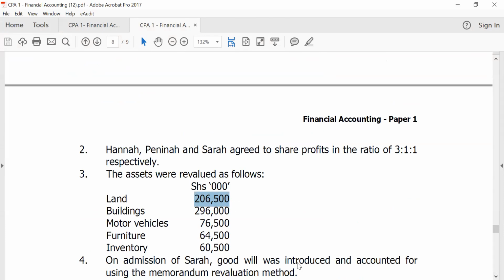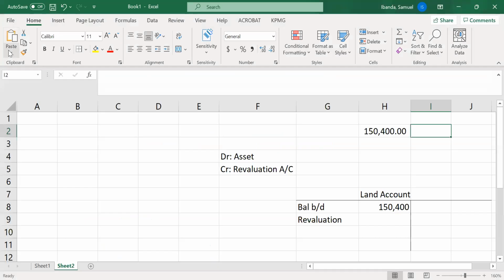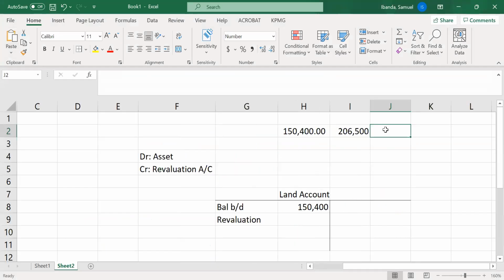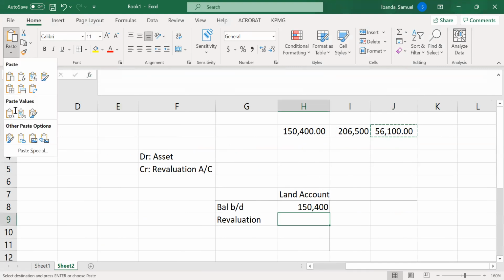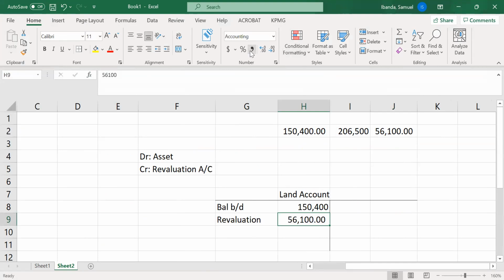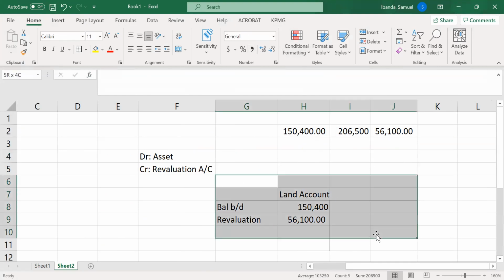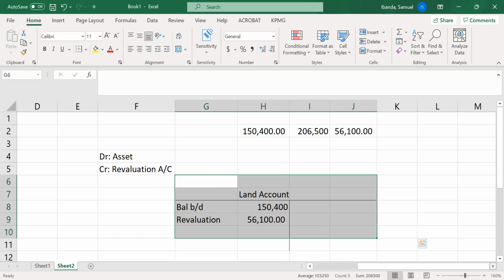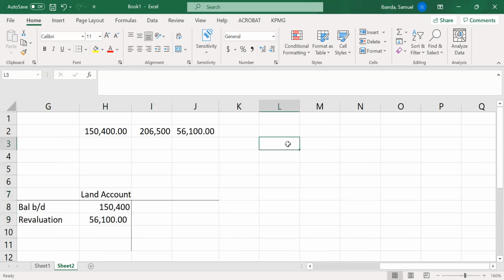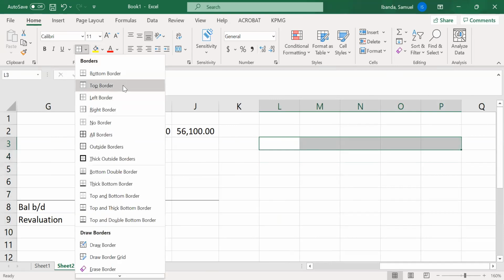So 206,500, when you get it, gets you 56,100. So your revaluation amount is this 56 that. Now, as you have your land account, remember you have your revaluation account, which we are doing as a general account. So let's say I'll draw mine here.